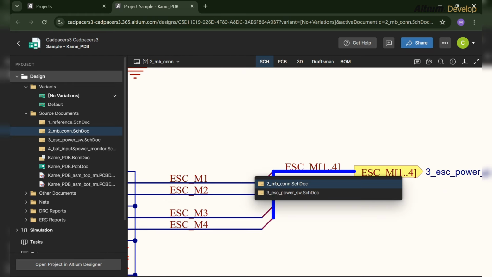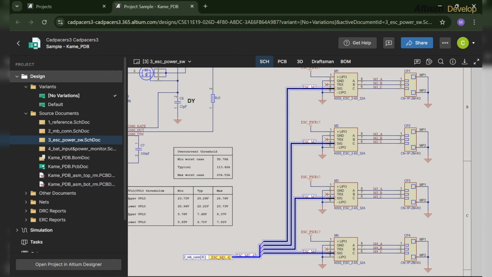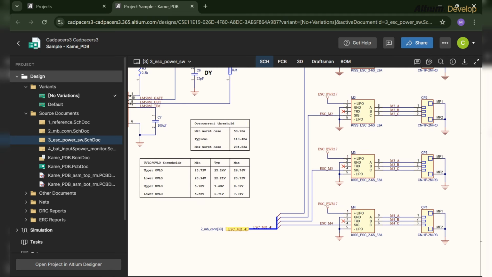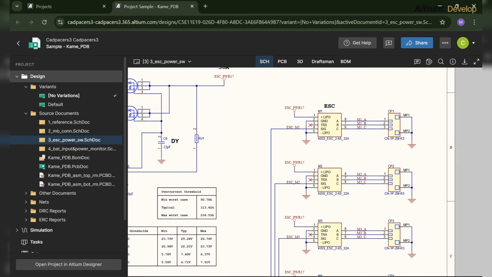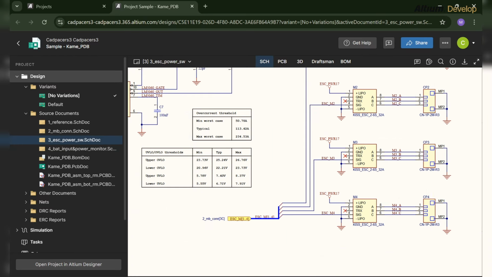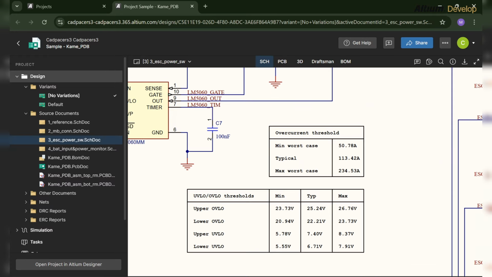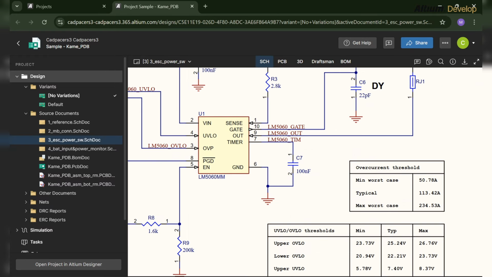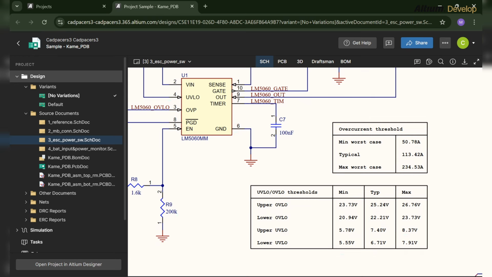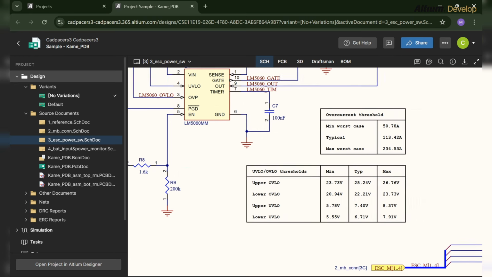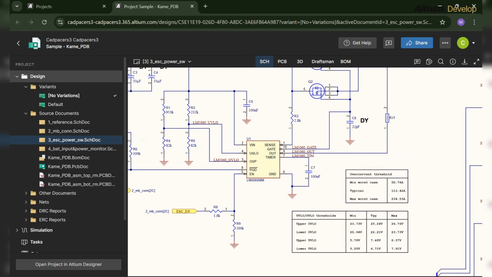Another thing he can see here is ESCM1. Basically, this is a bus used over here. A bus has multiple wires combined in it. So you can see the signals coming to the different ICs through the bus.